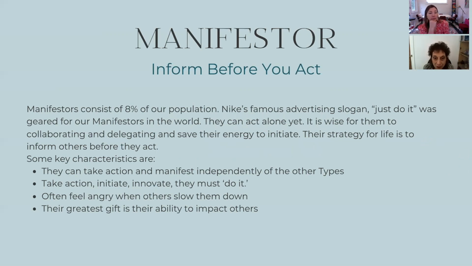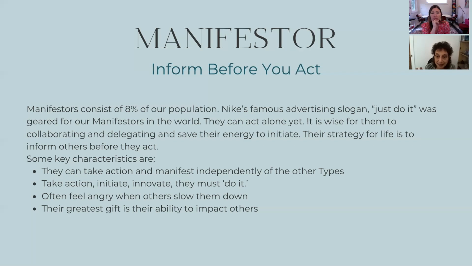So let's look at a little bit more detail about the manifestor. Informing can look many different ways, but informing is being aware of what you're up to. You know, what are your actions? What are you doing? And who needs to know about it? So as you see here, 8% of the population is manifestors.